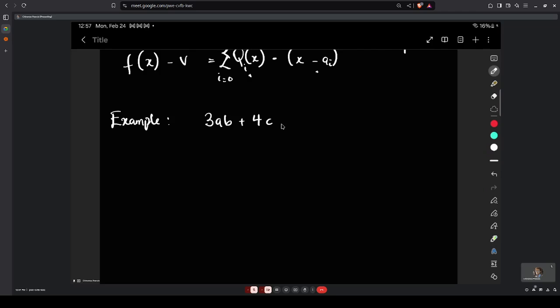How to evaluate a multilinear polynomial at tau, that is, tau for all the variables. For the multilinear, don't worry, we are going to do it in this example. So, are we together?